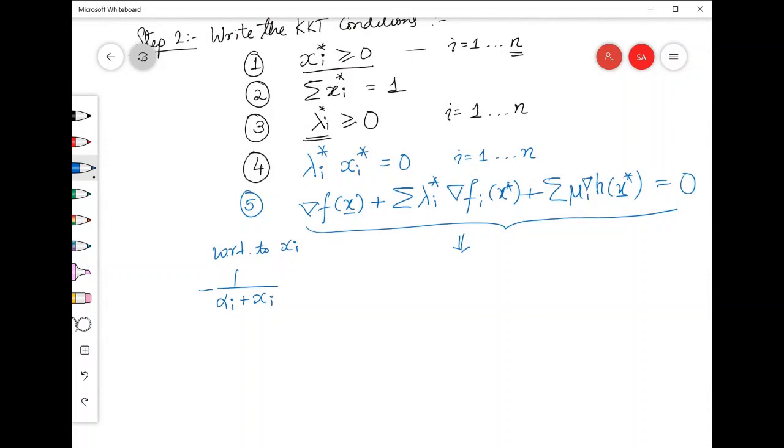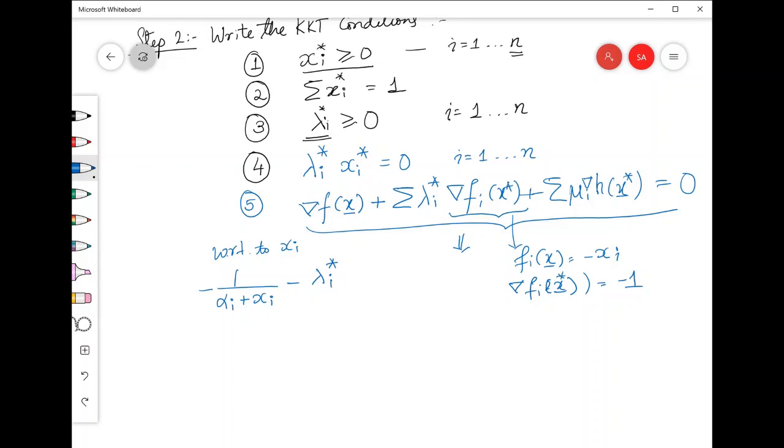This is a gradient. What is the gradient of f_i of x star? f_i of x is minus x_i, so the gradient of f_i of x at x star is equal to minus 1. So this will be minus lambda i star.